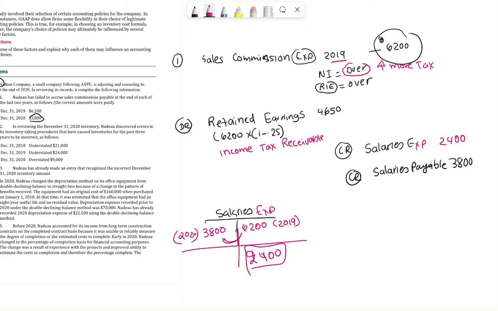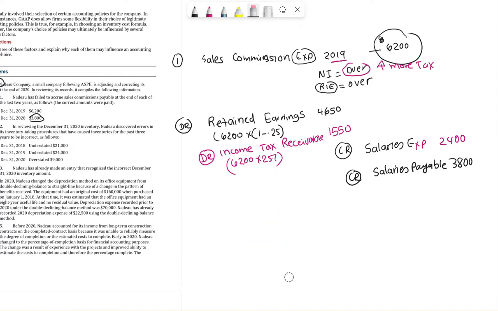So it's not related to the reversing difference, so it is not a deferred tax asset. So it's a receivable. And what will be the receivable? That will be the $6,200 multiplied by the 25%, and that will be your 1,550. So that's the first transaction that we had to do.